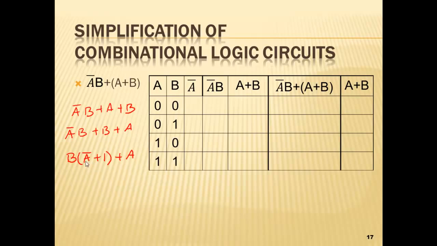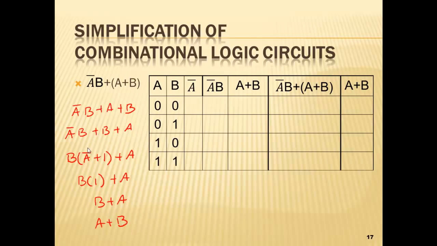Go inside your parentheses. Anything ORed with a 1 is a 1, so you're left with B, 1, or A. And then anything ANDed with a 1 is just itself, so you got B or A. Usually you like to put them in alphabetical order, so it's A or B. Either one of those is correct, but this one looks a lot better.